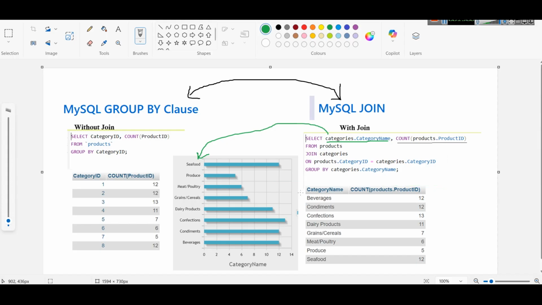This way your graph will be created. That's why, when we visualize data, we mostly use a bar graph or column chart, because it is the easier way to visualize the same thing. Here you can see the same thing as numbers, and here as a graph.